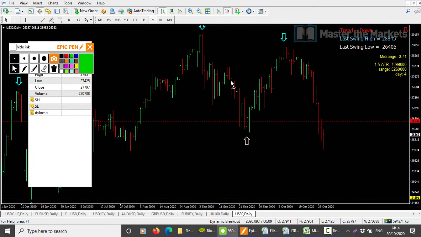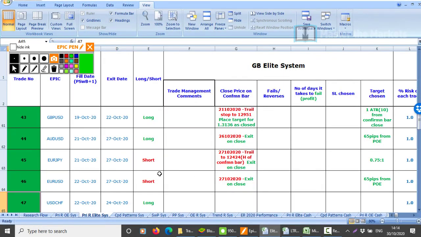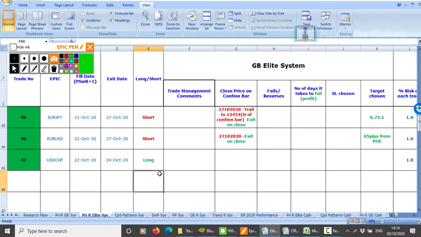Let's take a look at our performance for this week so far on the Elite Room and the live trading room. So on the Elite Room, when I totaled up everything, on primary runners open equity we had minus 1.09%, and in terms of pips we had minus 121.